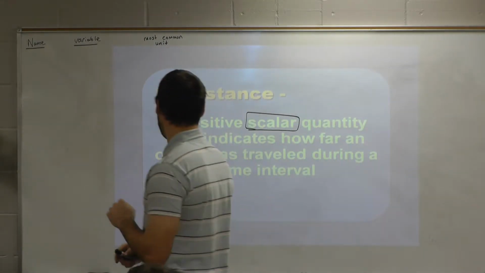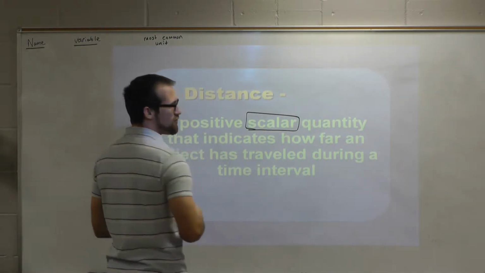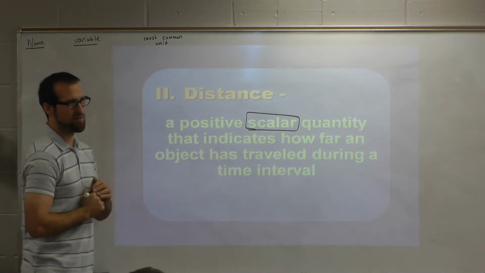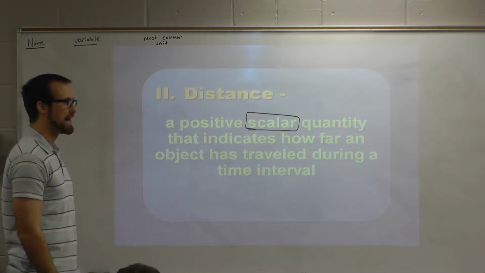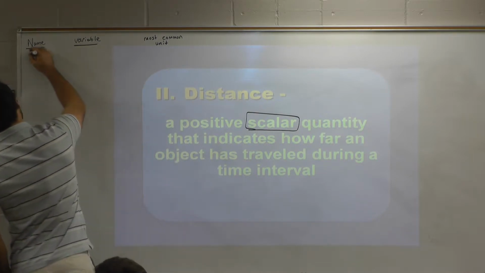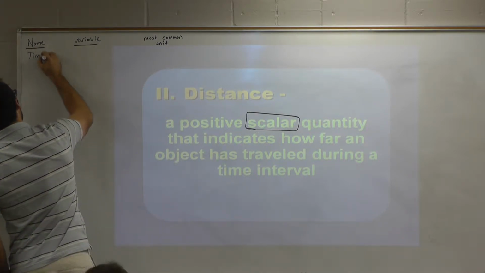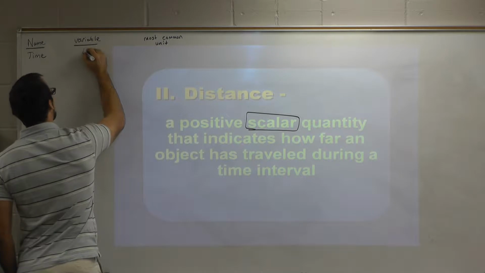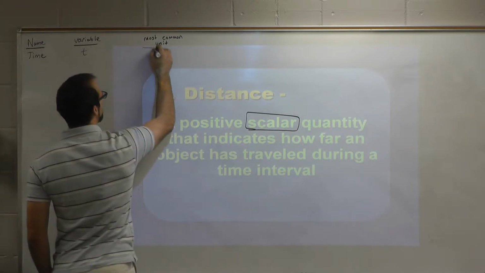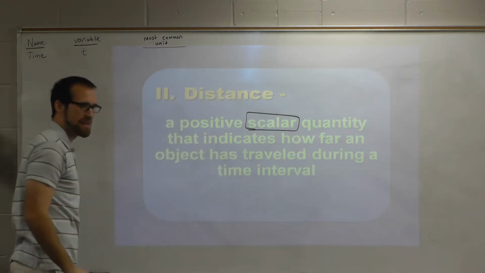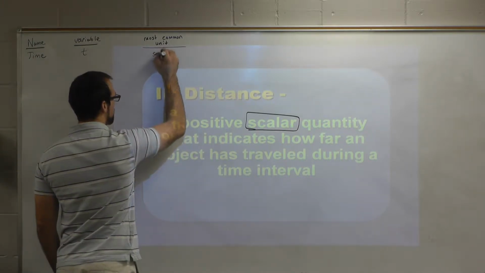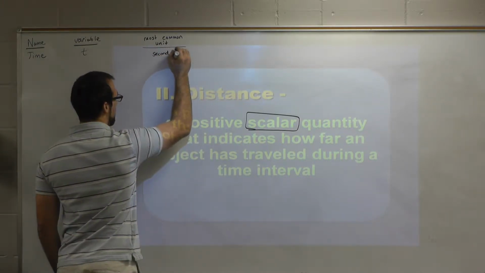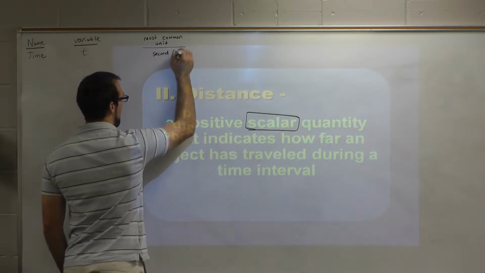Okay? Distance is not our first variable that we've talked about. What was our first variable we talked about? Time. So the name is time. The variable is t, and the most common unit, any ideas? Second, abbreviated s.